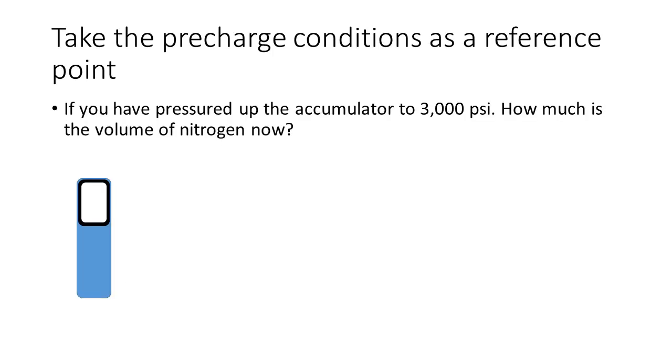Now when we charge up the bottle to 3,000 pounds, we're going to have much less nitrogen because we'll squish this nitrogen in the bladder by this hydraulic fluid that we pump in. This bladder is essentially acting like a spring. This is to give us this push to get the fluid back.